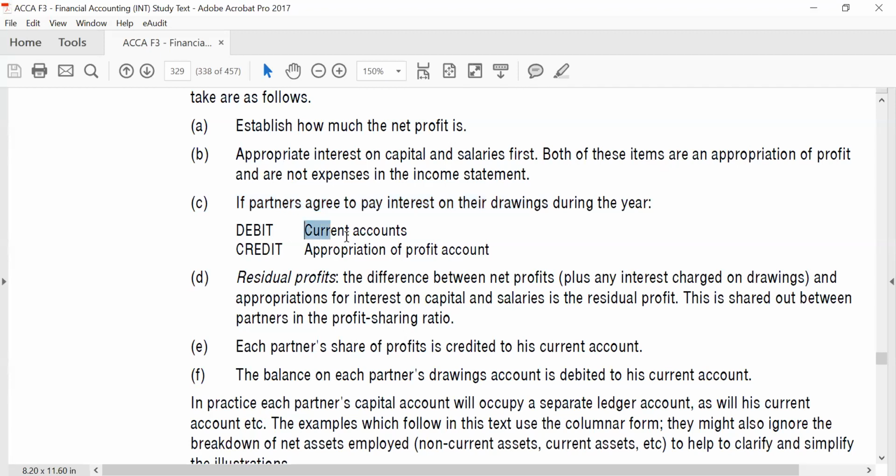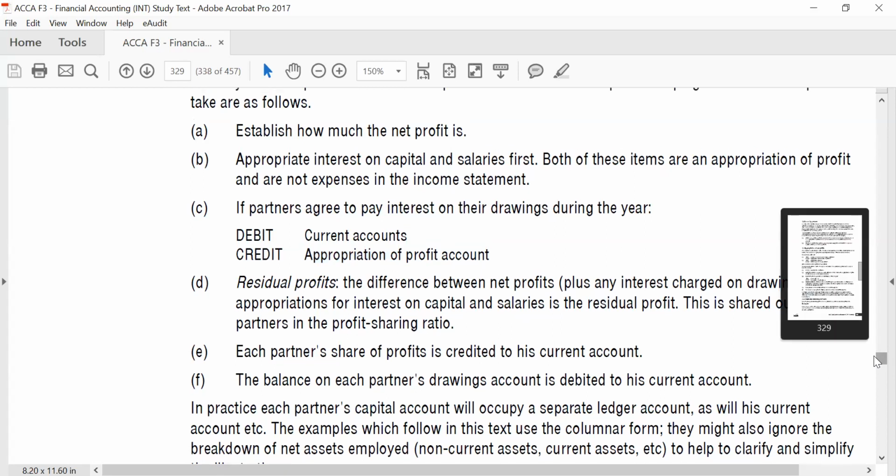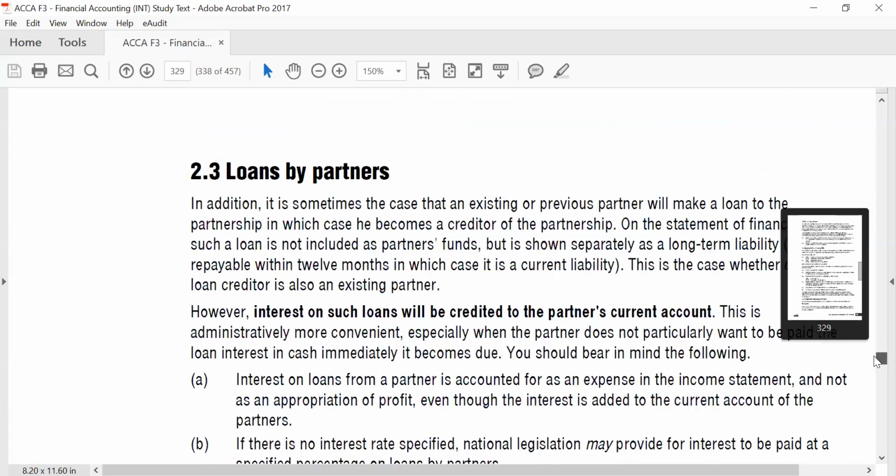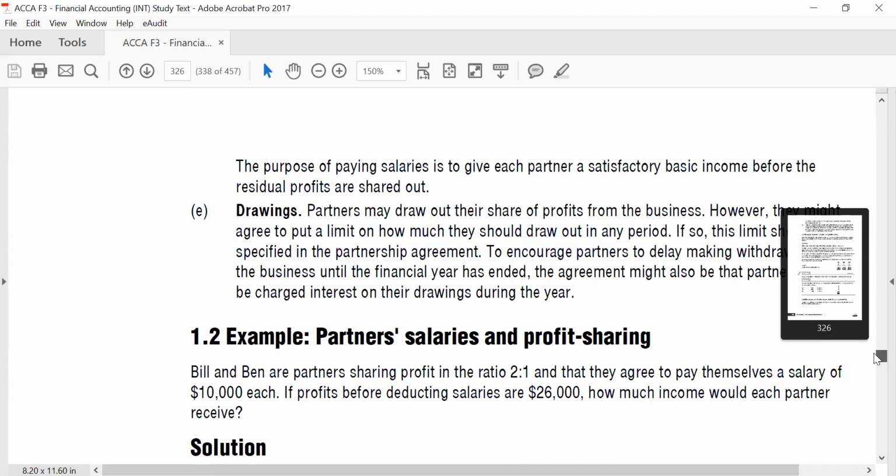We debit our current account and credit our appropriation account. So in this case we have that case, we have the drawings. Right here, just a moment.